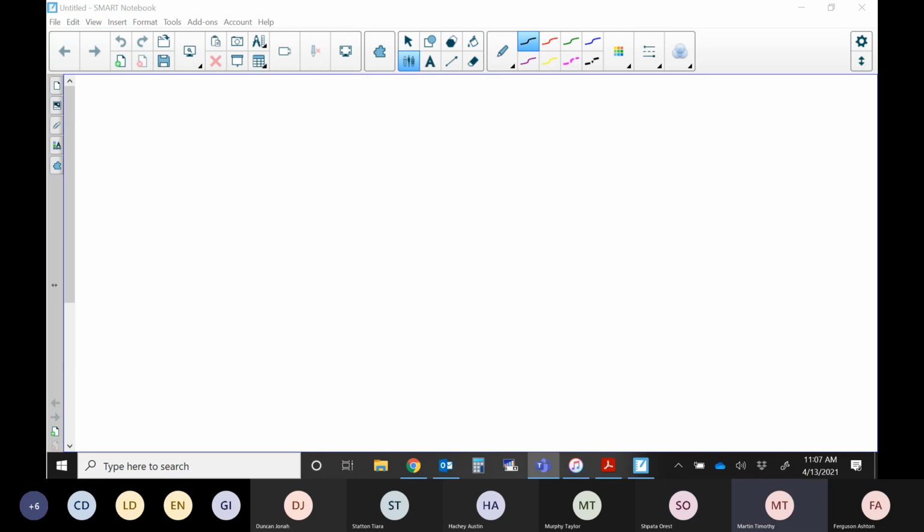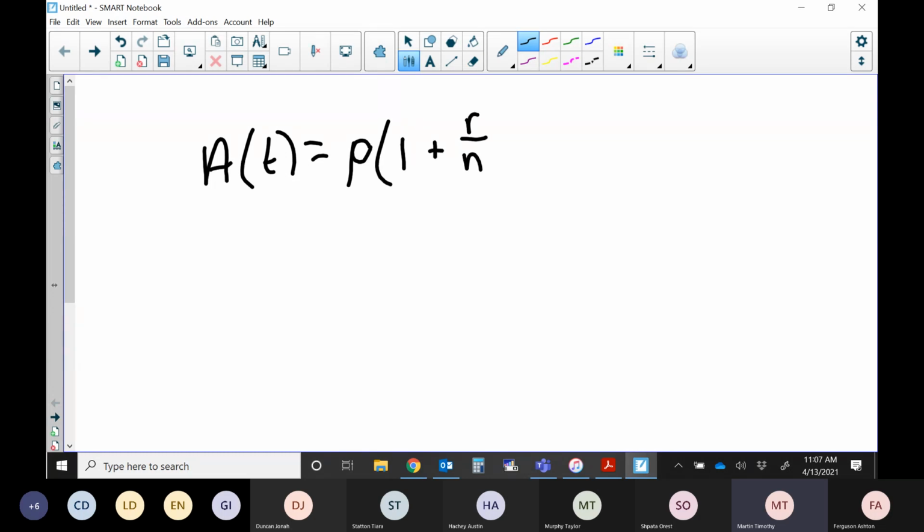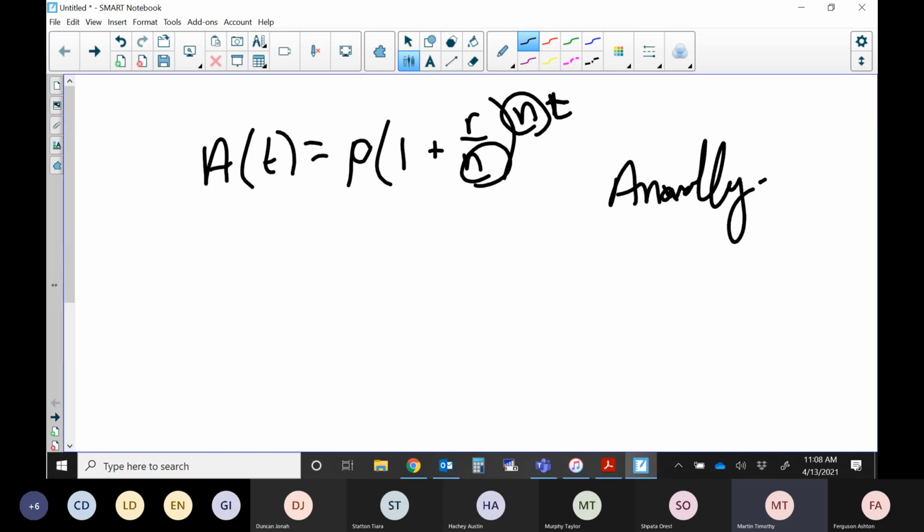All right, so the next formula. We talked about the one we did yesterday, which is what you missed, Ashton, really, not me. It was this. That's a funky looking P. And the number of times that it compounds was our N. So if they say annually, we said 1.